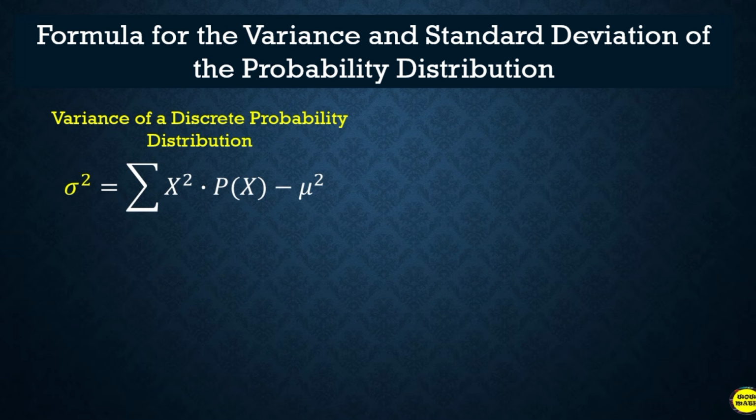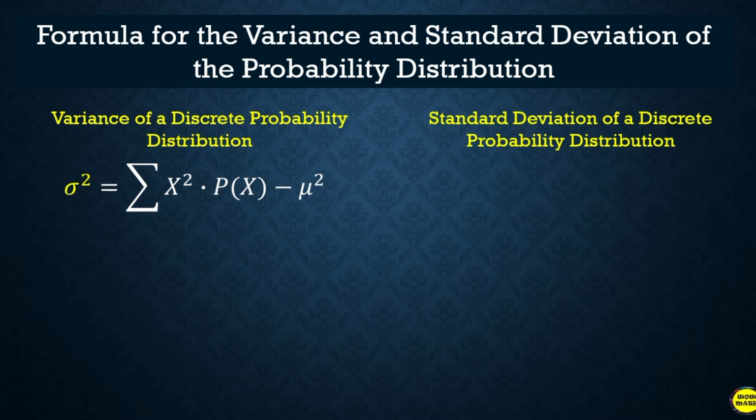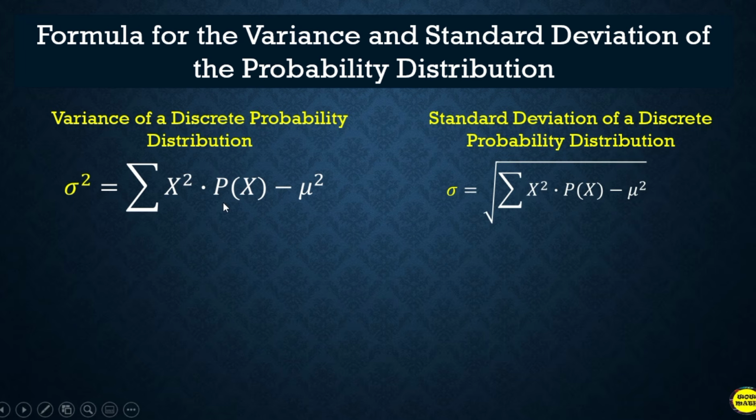So yan yung formula to find the variance. At pagkuha naman ng standard deviation, madali na lang kapag nakuha na natin yung variance kasi yung sagot mo sa variance, square root mo na lang and then that is your standard deviation.